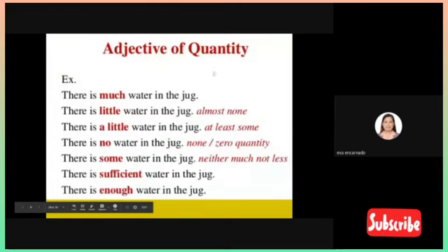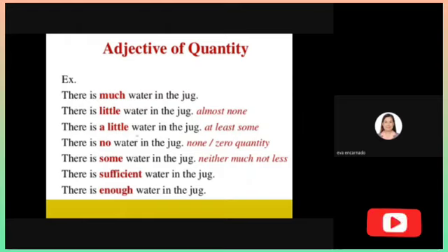Okay, example, ito pa. There is much water. How much water, di ba? There is little water. How much water? Little. There is a little water. There is no water. There is some water. There is sufficient water. There is enough water. Okay? Yung mga naka-red, those are your adjective of quantity.